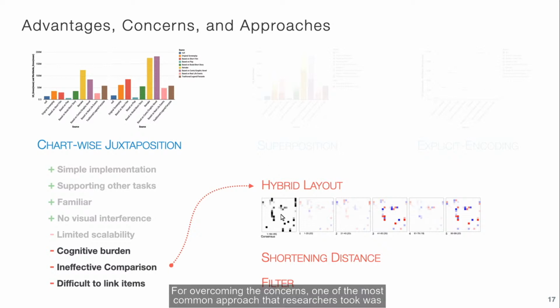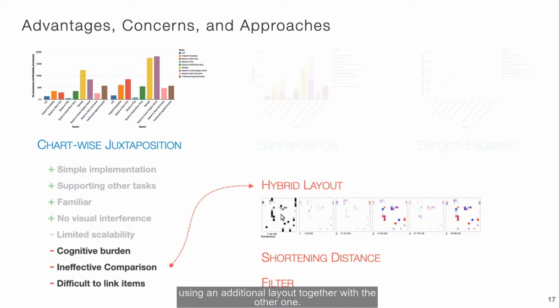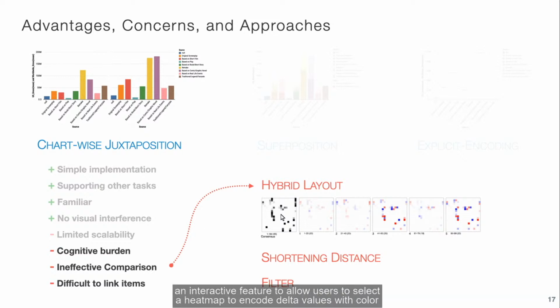For overcoming these concerns, one of the most common approaches that researchers took was using an additional layout together with the other one. For example, one paper presented an interactive feature to allow users to select a heat map to encode delta values with color in the rest of the heat maps.